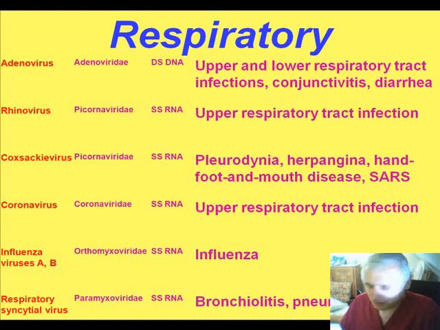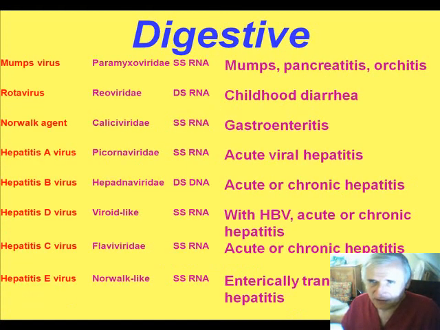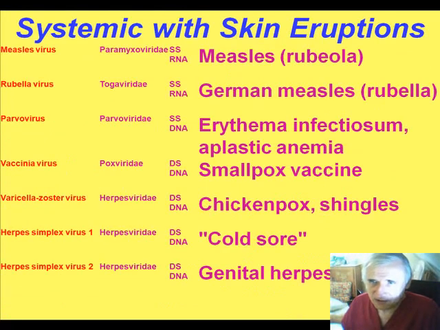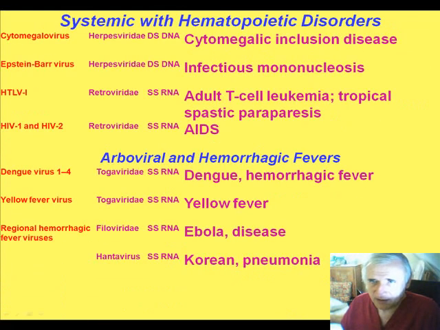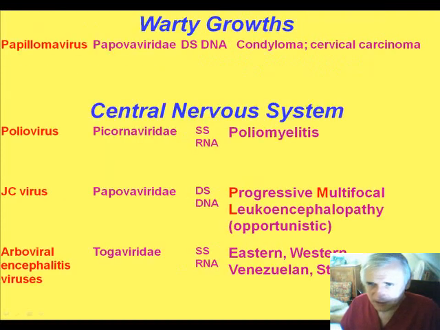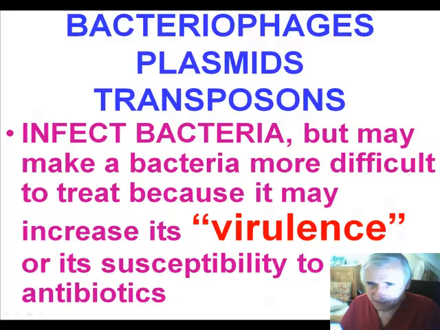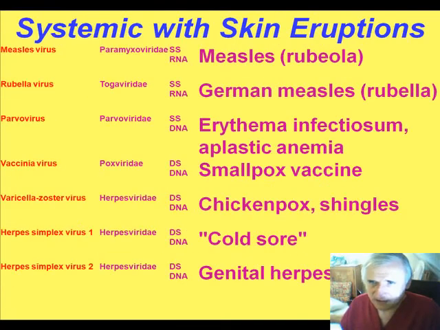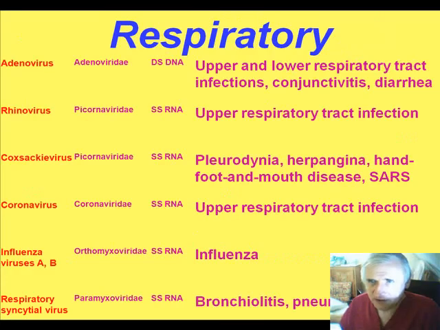So we talk about respiratory viruses or digestive viruses or skin eruptions or perhaps hematologic viral disorders or arboviruses and hemorrhagic fevers, warty viruses, central nervous system viruses. Those are the common classifications of viruses. And let's start out with respiratory.